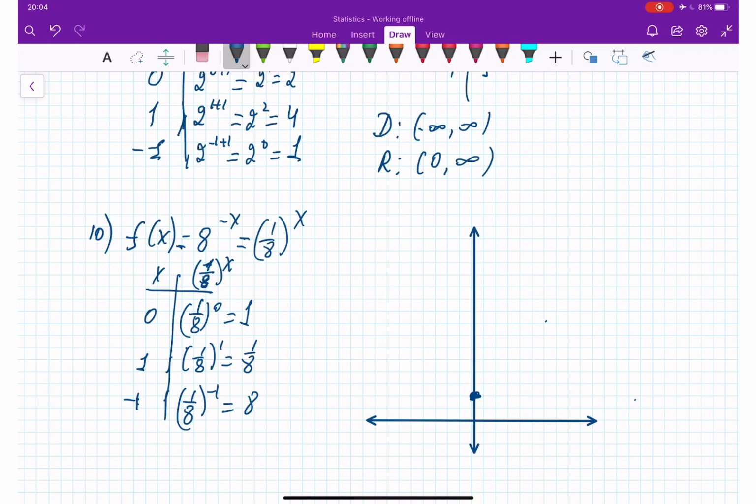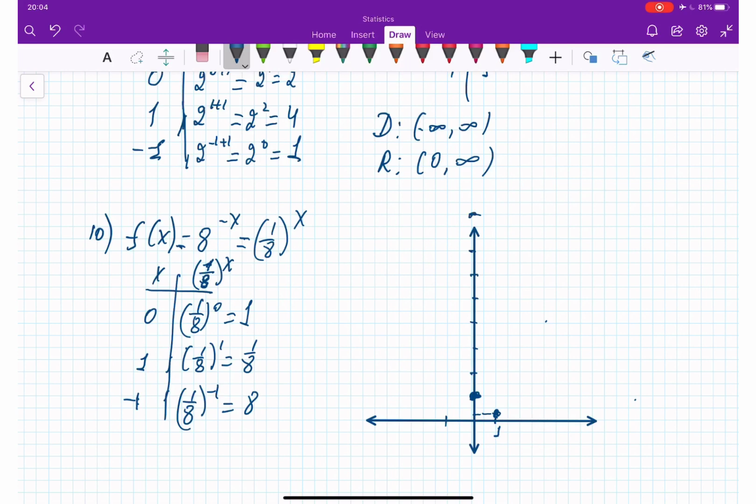This is 1 point. X is 1, y is 1 over 8, which is going to come here. And x is negative 1, so 1, 2, 3, 4, 5, 6, 7, 8.